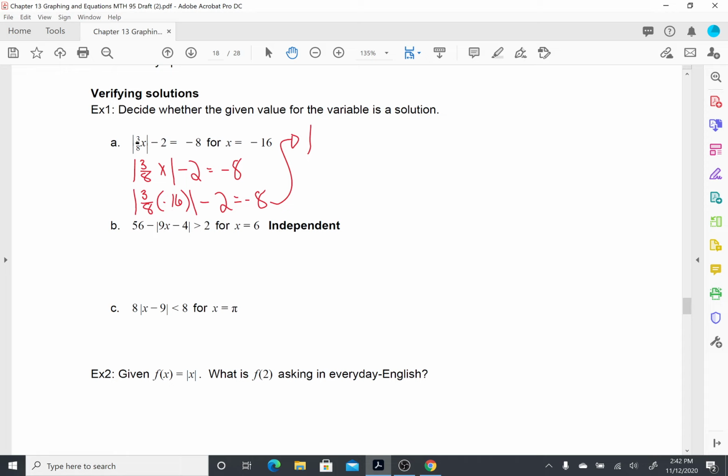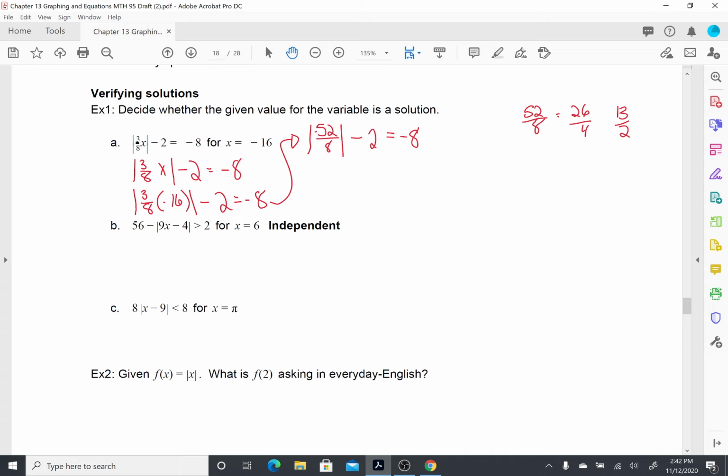So we now have 16 times 3, which I think is 52, over 8 minus 2. Does that equal negative 8? 52 divided by 8, 26 over 4, or 13 over 2.